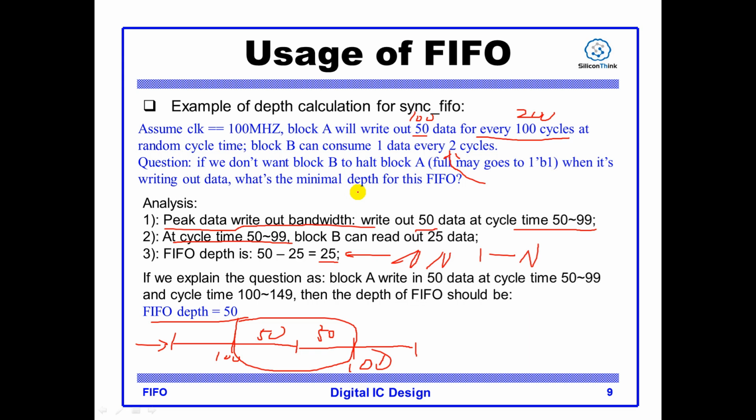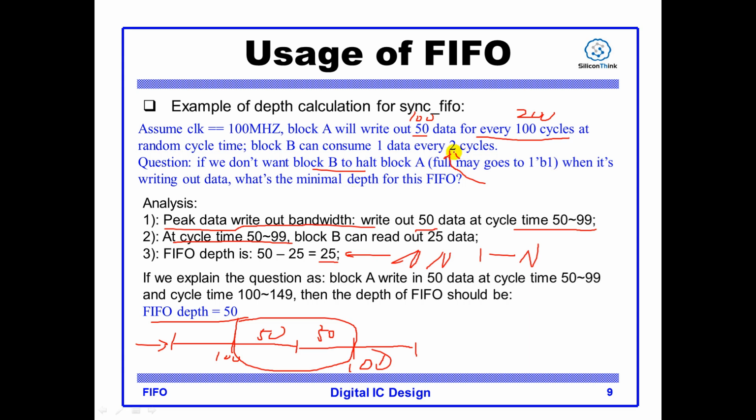when calculating the depth for FIFO, you have to find the peak difference of consumer and producer. And in some applications, there is no need for you to smooth out all the bandwidth mismatch between block B and block A. That is, for some applications, it's allowed for you to give a small depth of FIFO and block B may halt block A at some times.